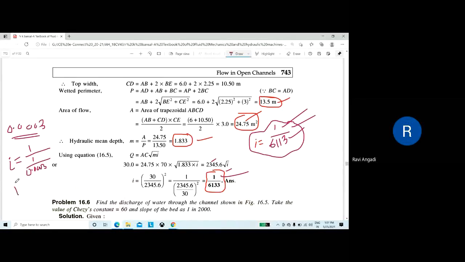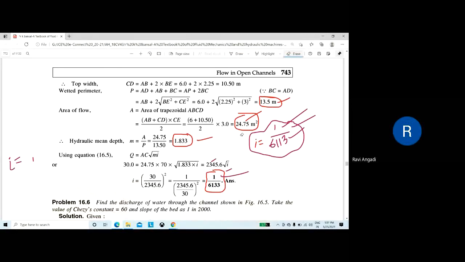Then you will get it in a fraction, 1 in something. Understood how to write in a fraction, all of you? Always write 1 first in the numerator, then divided by whatever answer you get. I hope you understood how to write in a fraction.